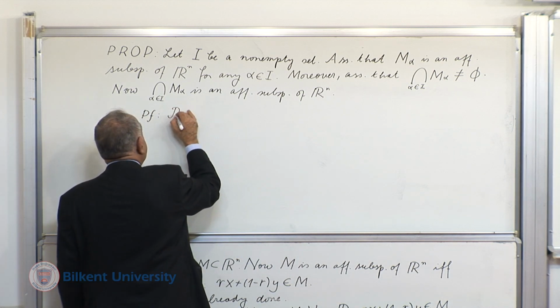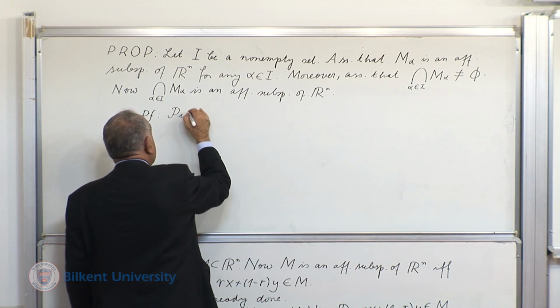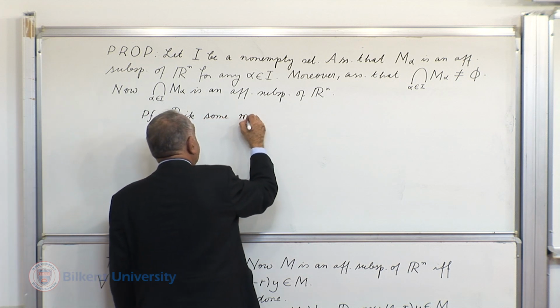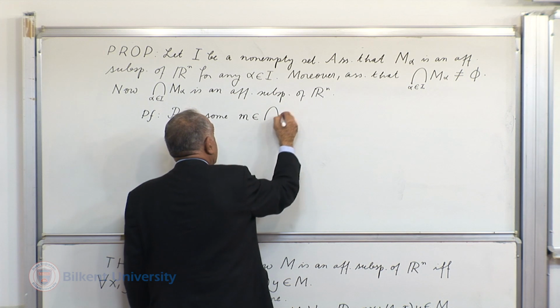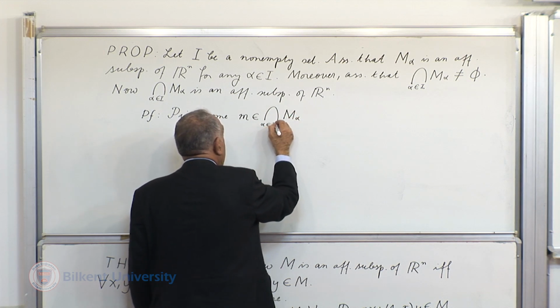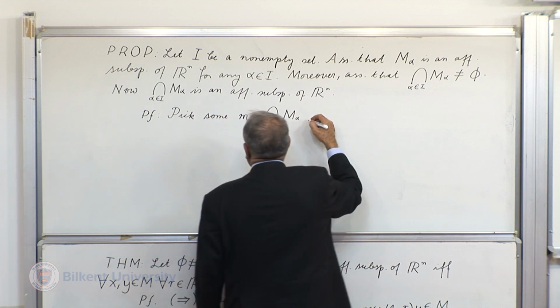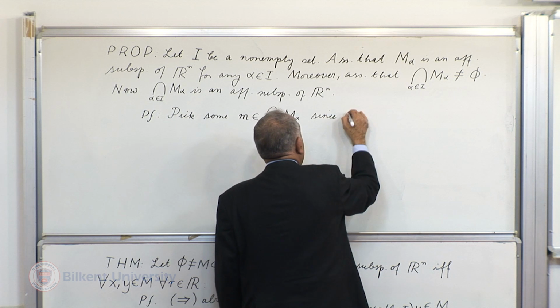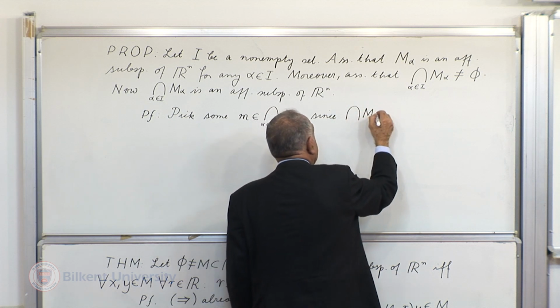Pick some m in the intersection of M alphas, alpha in I, which we can do by this assumption.